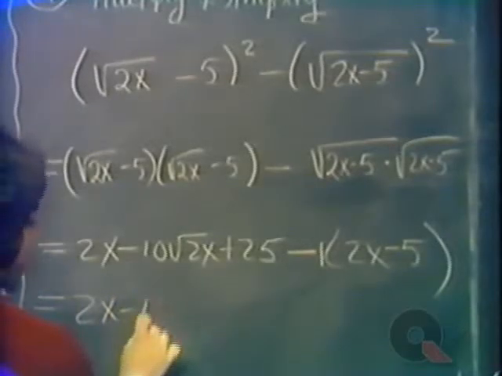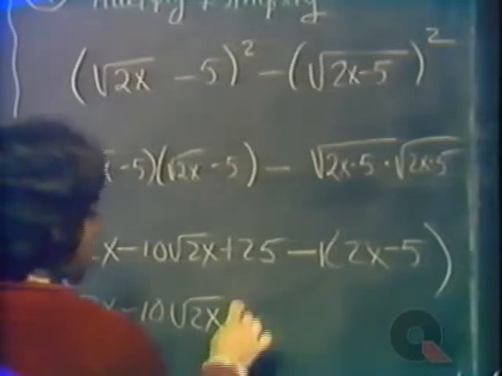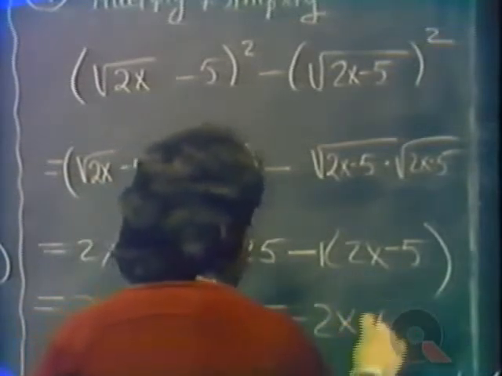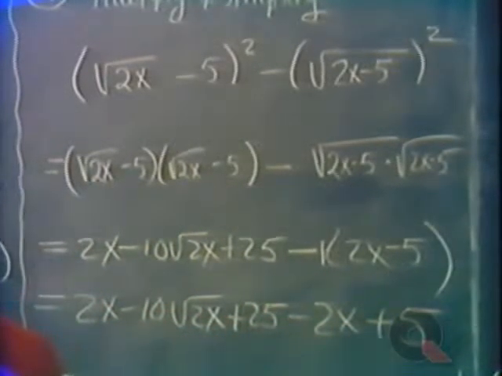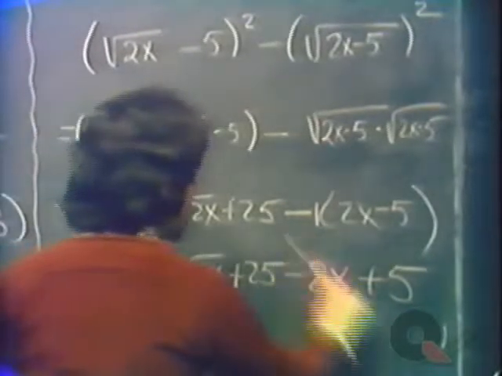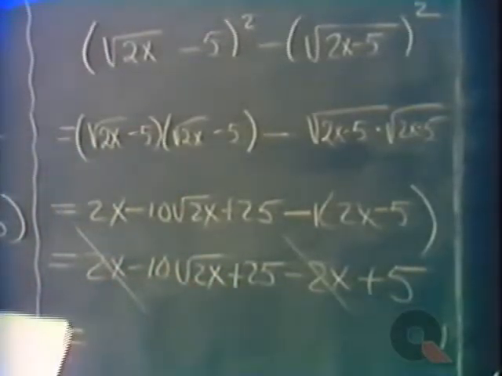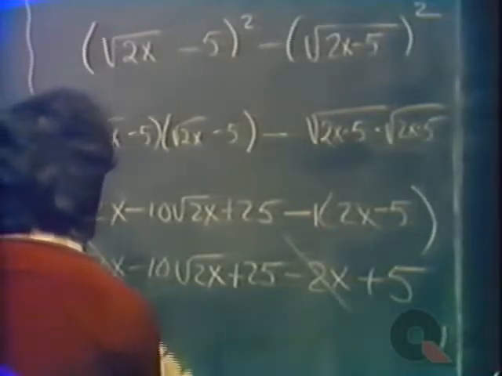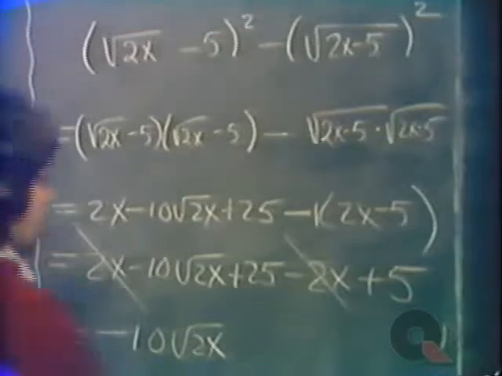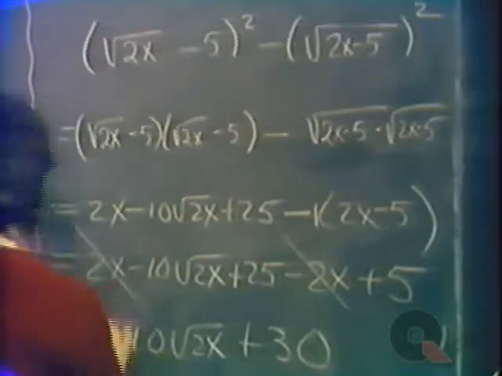So we have 2x minus 10 the square root of 2x plus 25 minus 2x plus 5. Okay, the 2x's cancel. We get minus 10 the square root of 2x plus 25 plus 5, plus 30.